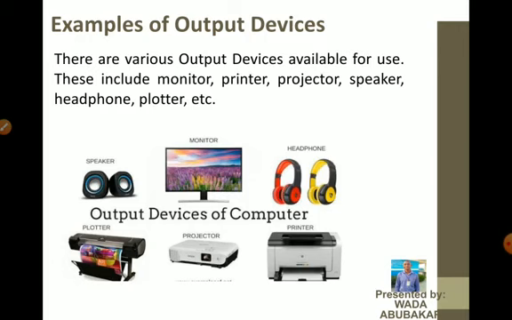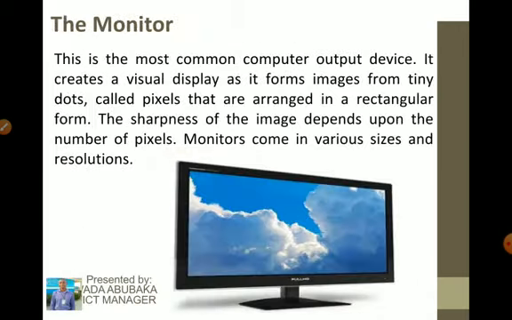Now let's proceed to talk about the monitor. What do we mean by the monitor, or what is the function of the monitor? The monitor is the most common computer output device that creates a visual display as it forms images from tiny dots called pixels.